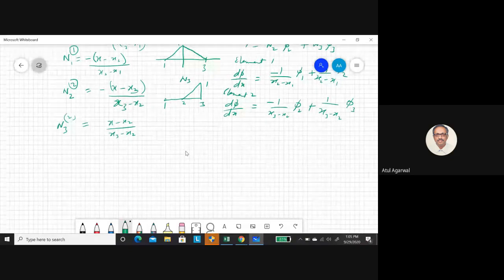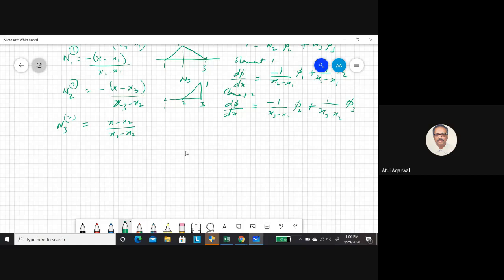Suppose you are having a differential equation. The equation we handled was minus d square phi by dx square plus phi is equal to 0, and our domain was 0 less than x less than 1.